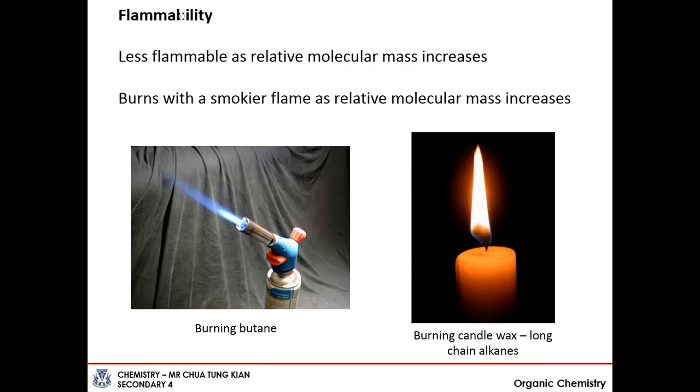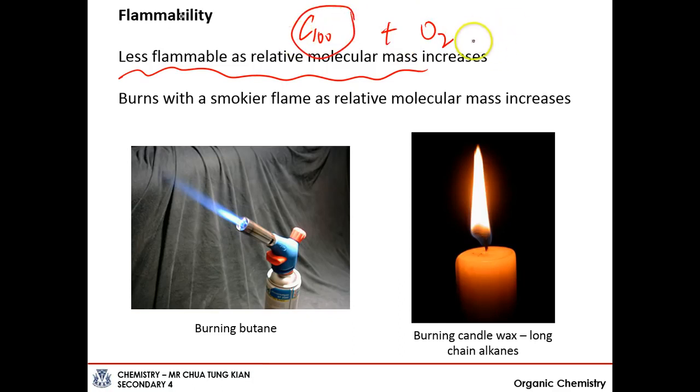Flammability wise, it gets less flammable as your MR increases. The molecule gets larger and larger. As the molecule gets larger, as your C gets to 100 or something, the larger the hydrocarbon molecule, the more oxygen is required to actually combust the compound. Also, as it gets longer, the chain does not just remain straight.